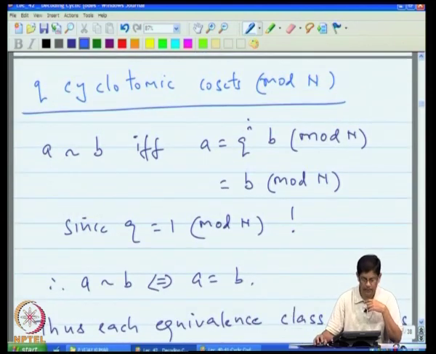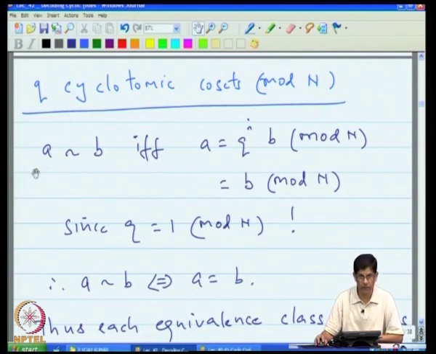Now according to our definition, these cyclotomic cosets were the result of an equivalence relationship in which we defined A to be equivalent to B if and only if A was B times some power of q modulo n. But remember, since q is 1 mod n, any power of q is also 1 mod n.